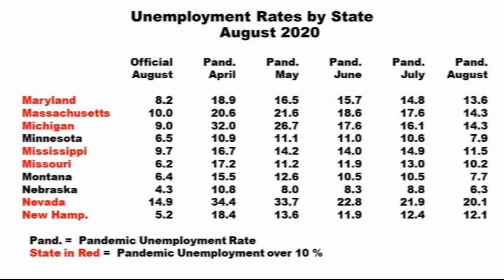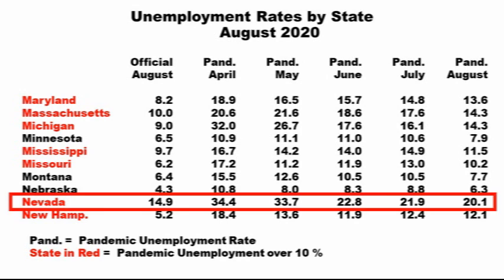Next are several states that have pandemic unemployment rates over 10%, including Maryland, Massachusetts, and Michigan. And of particular note is Nevada, where the pandemic unemployment rate is over 20% and reached as high as 34% in April.